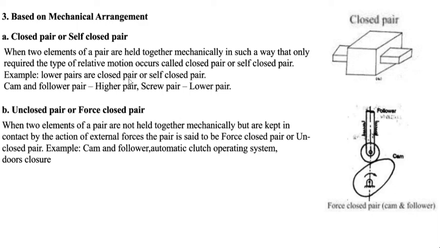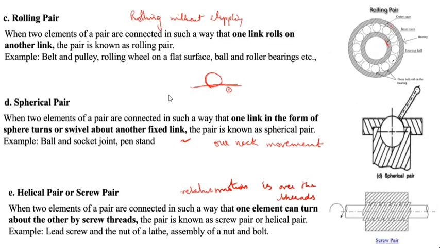Example, lower pairs are closed pairs. Cam and follower pair is called higher pair. Screw pair is called a lower pair. Screw pair means nut and bolt, assembly of a nut and bolt.